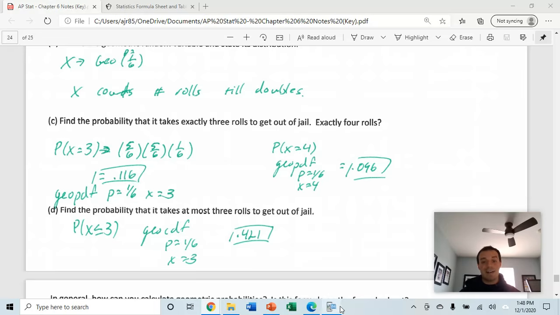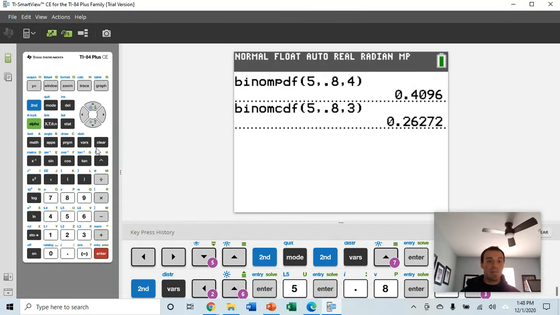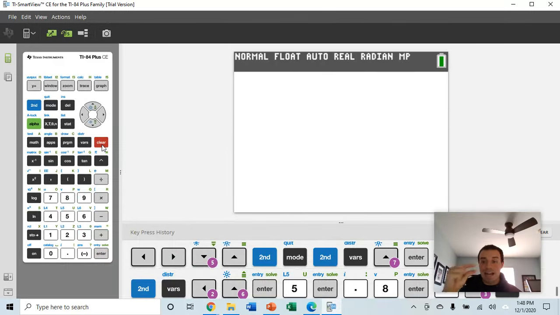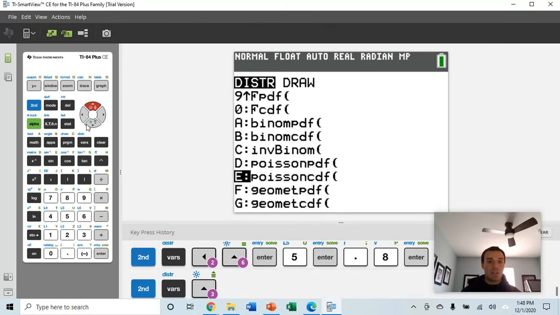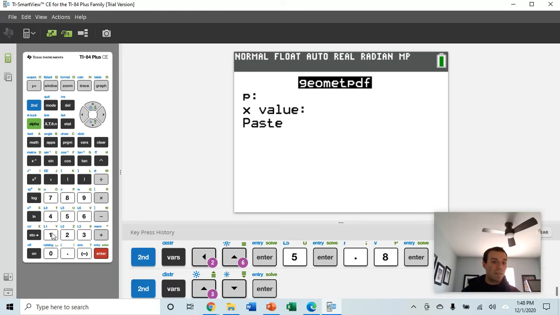Or I can use the calculator and geometric PDF. Because this is exactly equal to exactly 3 rolls, I know it's a PDF calculation. So I would go to second and vars, geometric PDF. It's going to ask me the probability, which in this case is 1/6 of rolling doubles.